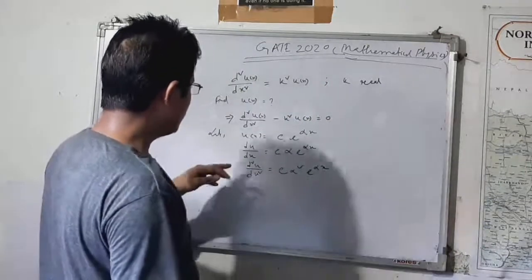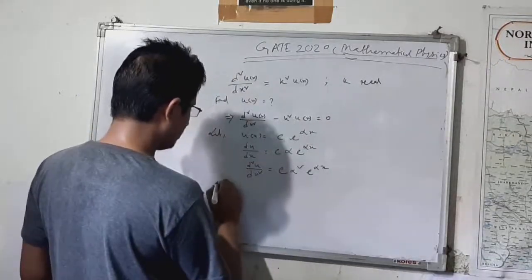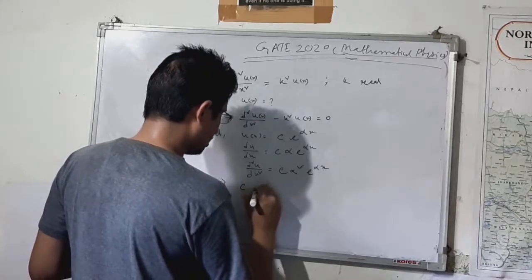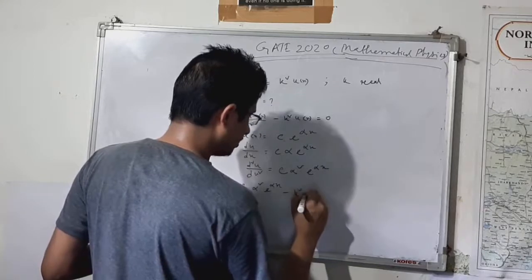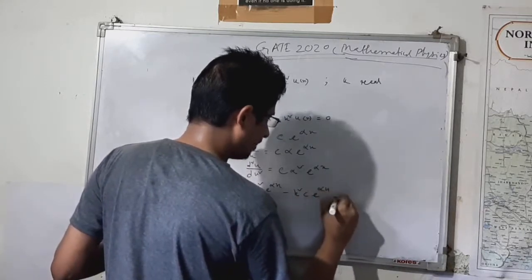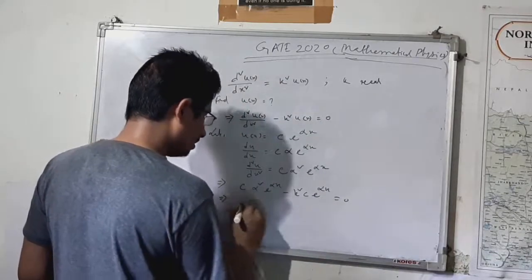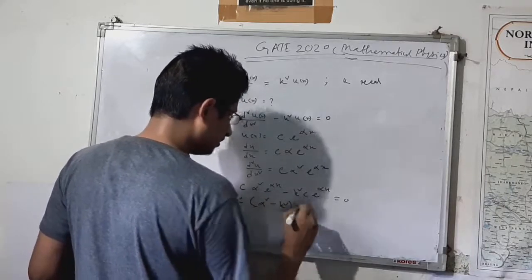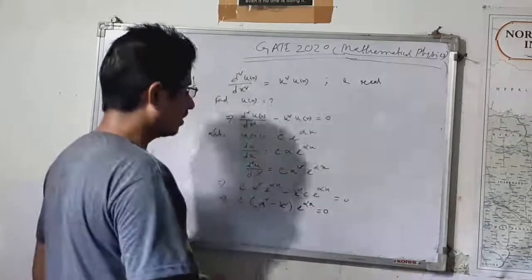Putting the values in this equation, it gives c alpha square e to the power alpha x minus k square c e to the power alpha x equal to 0. From this we can write c (alpha square minus k square) e to the power alpha x equal to 0.